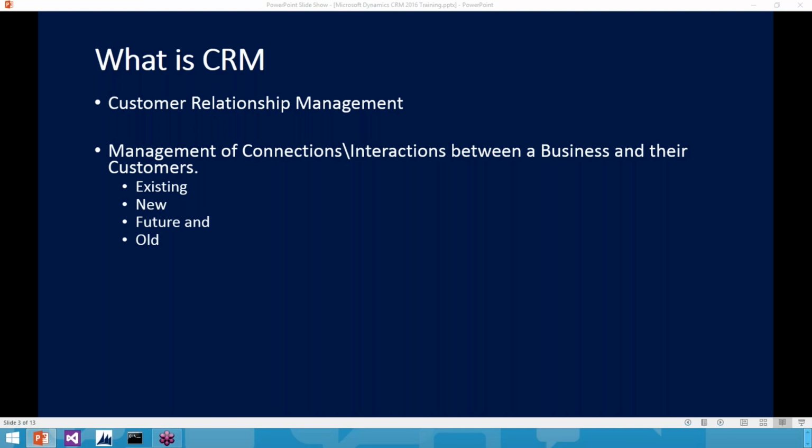They cannot forget their old customers because of the recurring income factor. All these factors come in, and all these interactions go into CRM. That's why CRM is called the tracking of information.